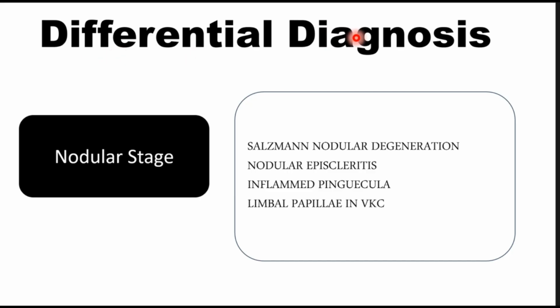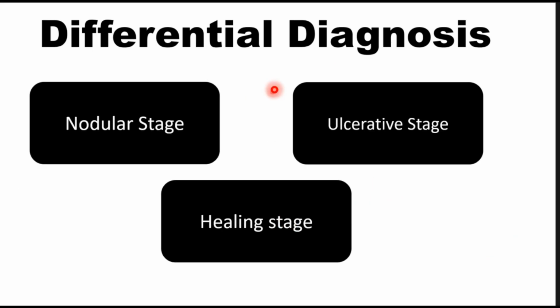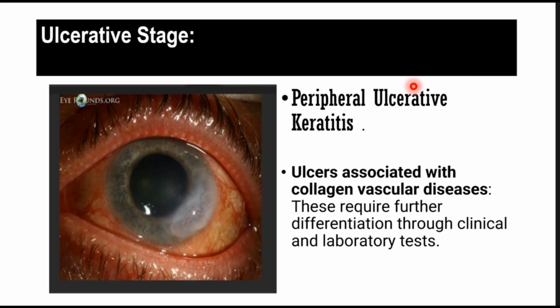So what are the differential diagnoses? We have Salzmann nodular degeneration, nodular episcleritis, inflamed pinguecula, and limbal papillae in VKC. Let's see the differentials in the ulcerative stage. So here, one differential is peripheral ulcerative keratitis, which can also be abbreviated as PUK. So here you will see these crescent or banana shaped ulcers at the limbus, and these ulcers are very dangerous.